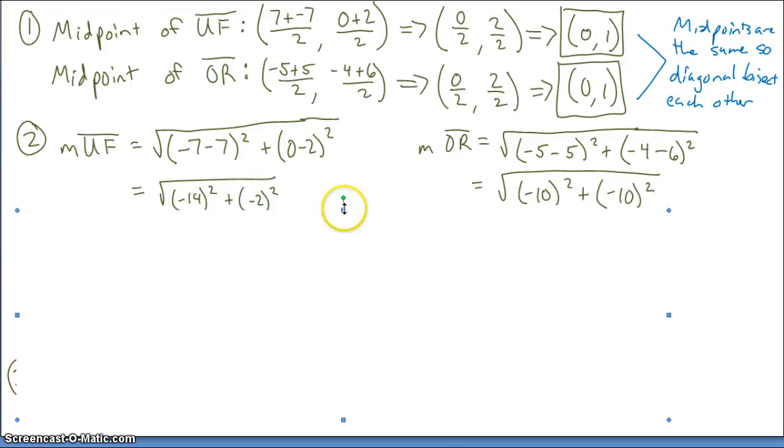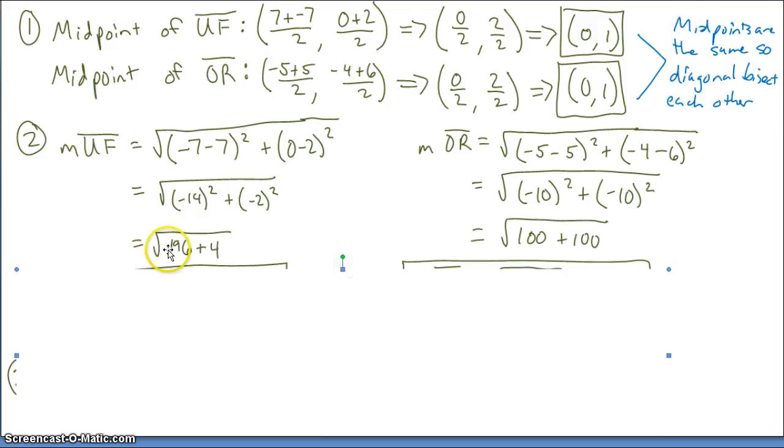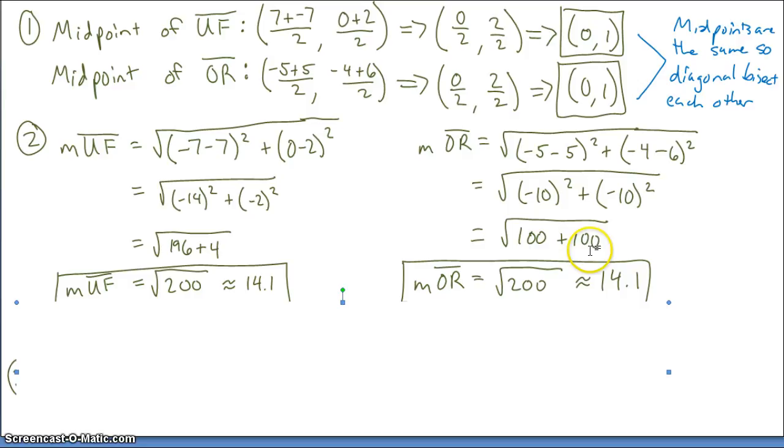Now as I simplify my math, if you notice, I end up with 196 plus 4 and 100 plus 100. When I take 196 plus 4, I get 200, and when I take 100 plus 100, I get 200. So essentially, I'm getting the same answer two different ways.